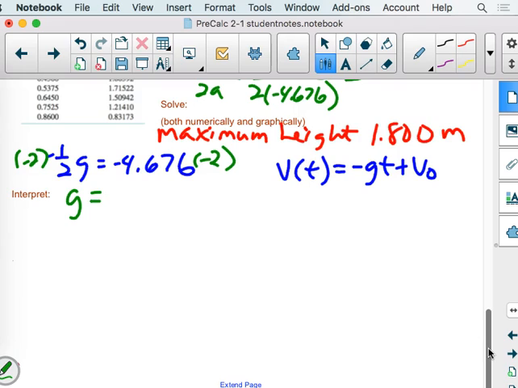So we need negative 4.676 times 2. Let's get 9.352 meters per second squared. Okay, that's helpful. That can go right here.